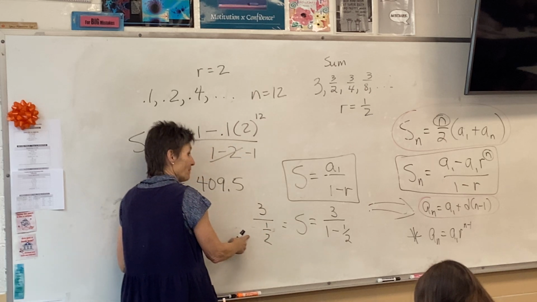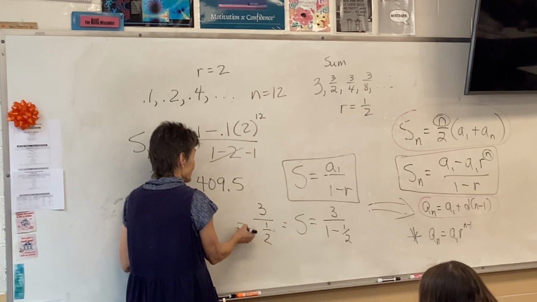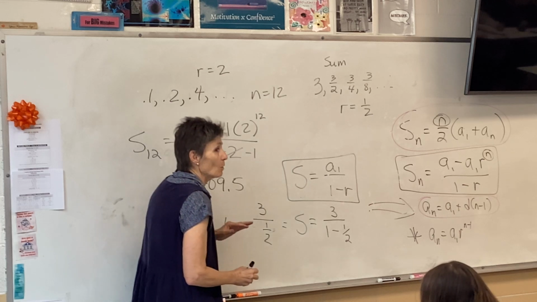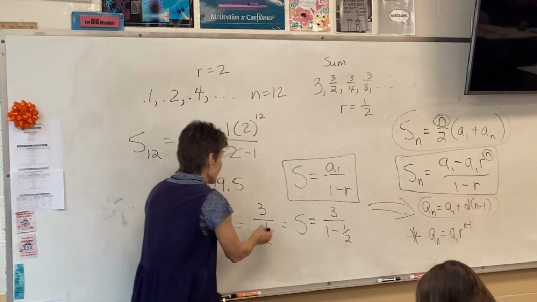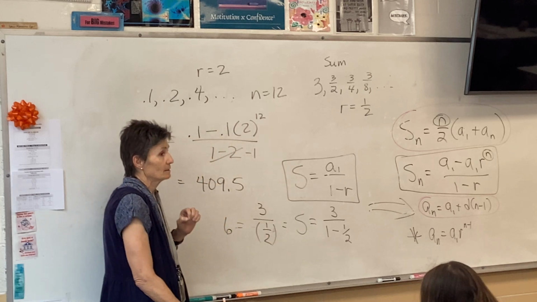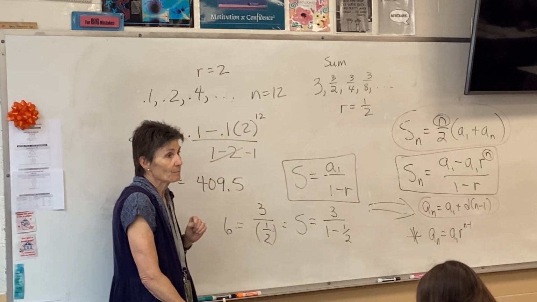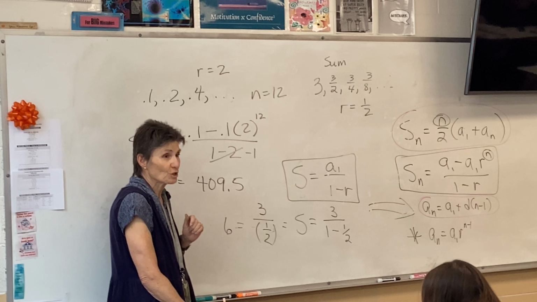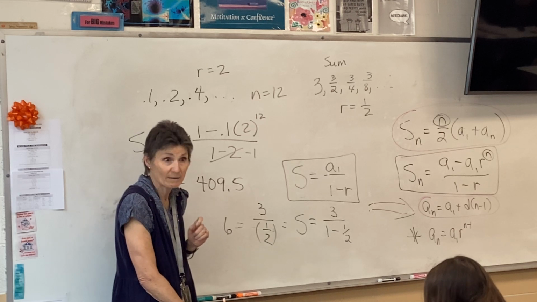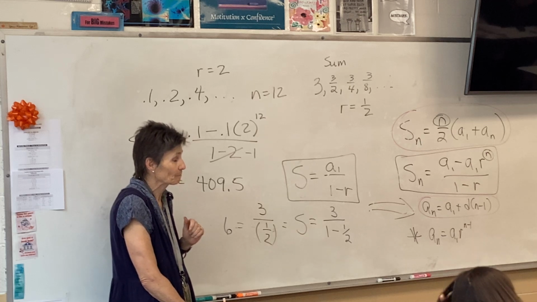No, it's not 1.5. It's actually 6. So if you're going to type that into your calculator, this has to be in parentheses. Or you could change it to 0.5 and do 3 divided by 0.5.